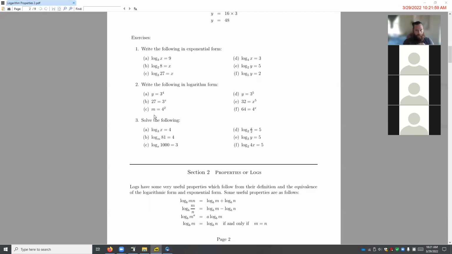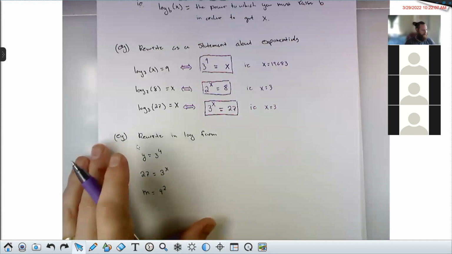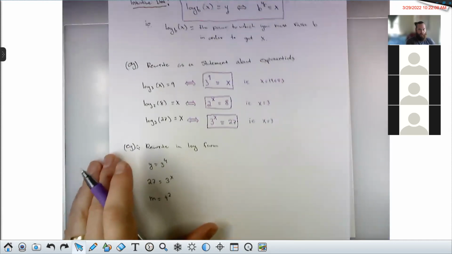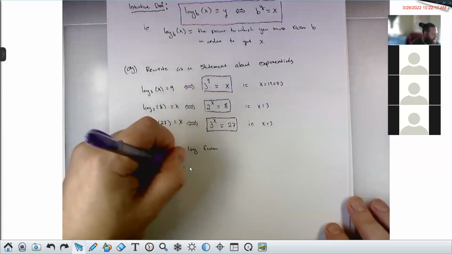Okay. Again, we'll just do A, B, and C. So how could I use our definition above here to rewrite this statement, y equals 3 to the 4, as a statement about logarithms?